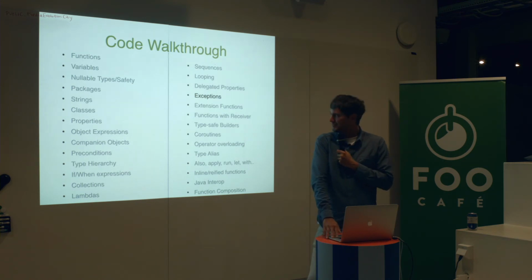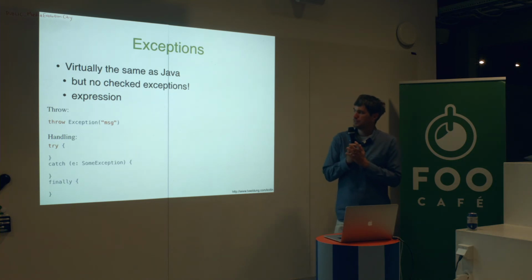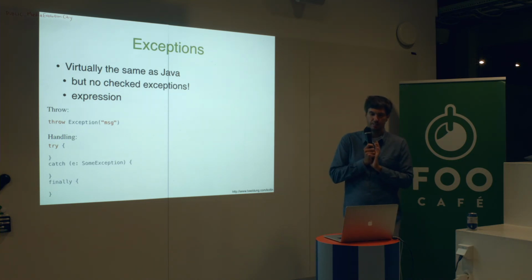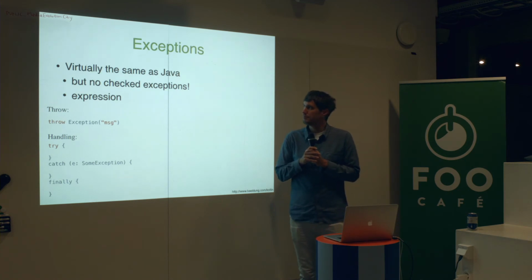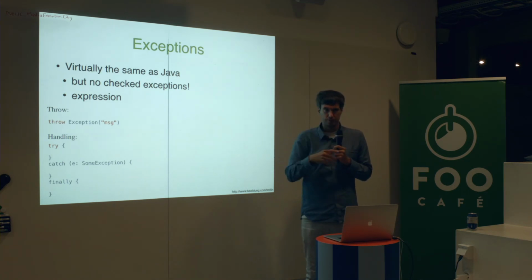Okay. So exceptions. There's not too much to say about exceptions. If you know Java, it's essentially the same thing, but there are no checked exceptions in Kotlin, which is a big difference. And another thing is that exceptions are also expressions. So they return something, which is nice.